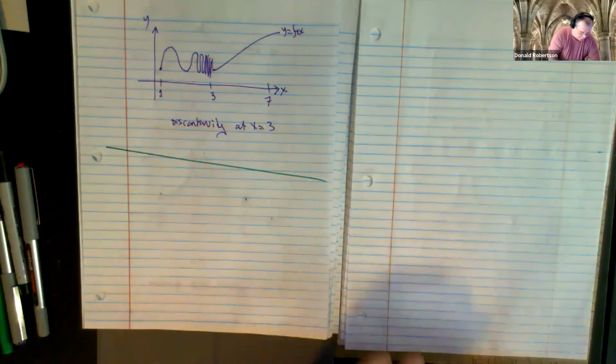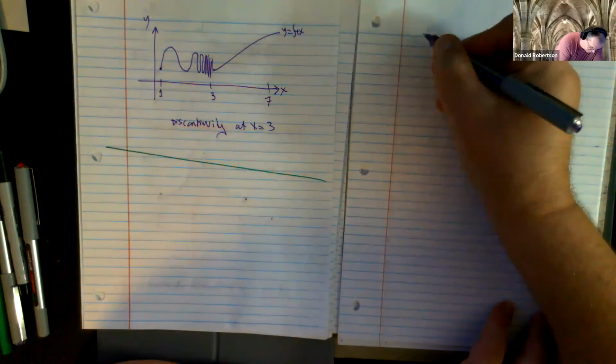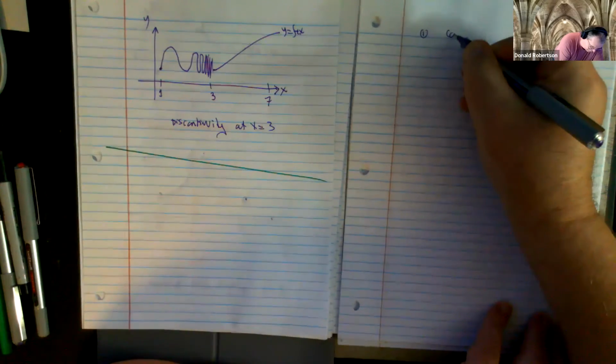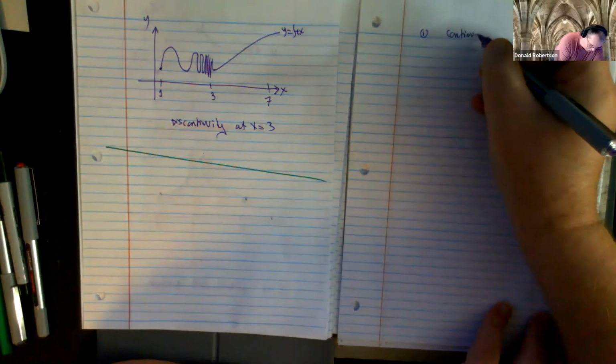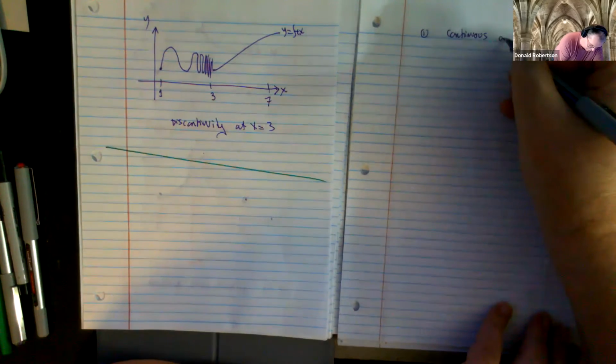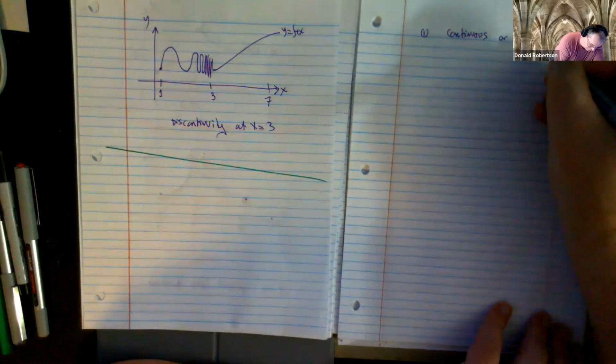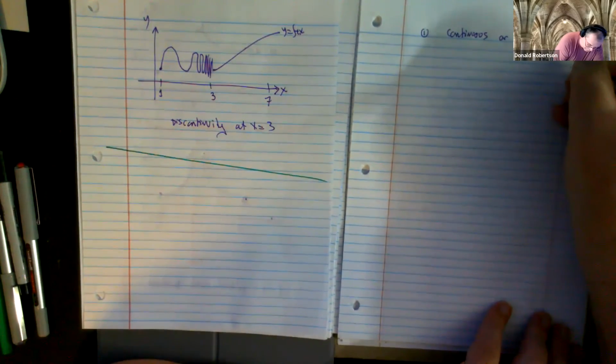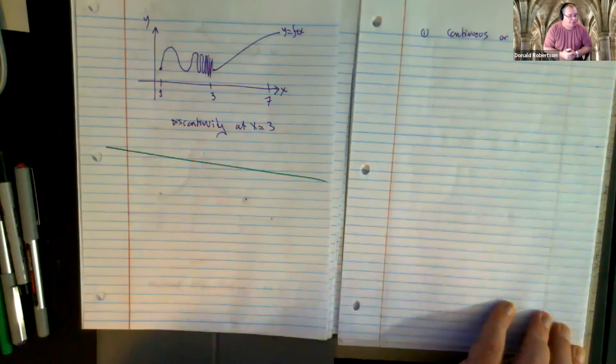You can have a function, right, that's continuous or discontinuous at, say, a point, like at x equals 3, right? We've talked about that, right?